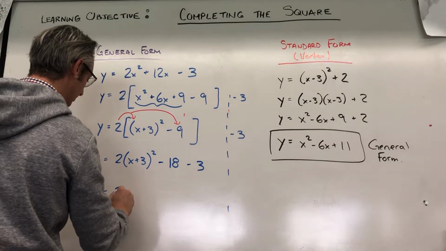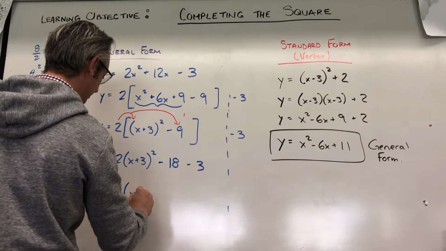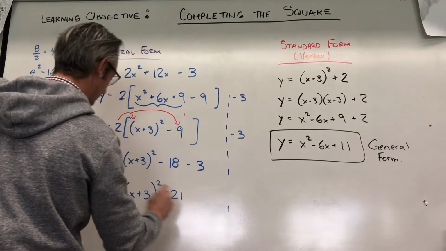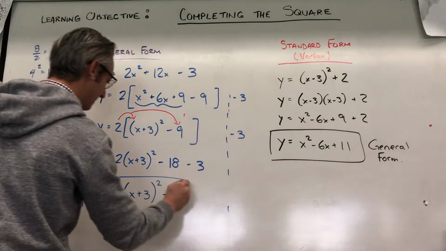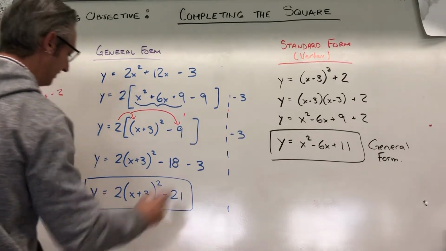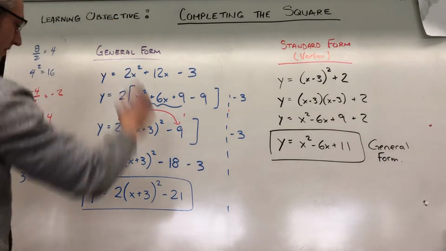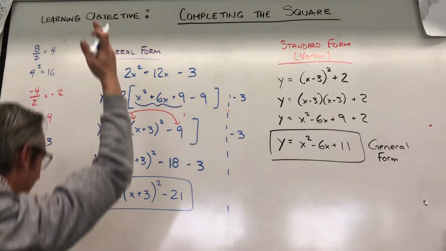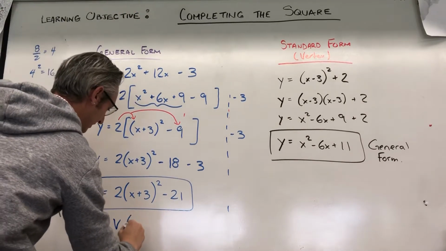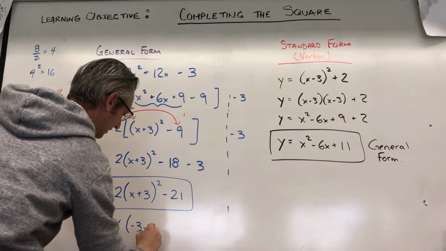Y is equal to 2 times x plus 3 squared minus 21. So in this case, my a is 2, so it's going to be compressed but up. My q is negative, so I'm way down here, so I'm going to cross the x-axis on my way up. And then my vertex is negative 3, negative 21.